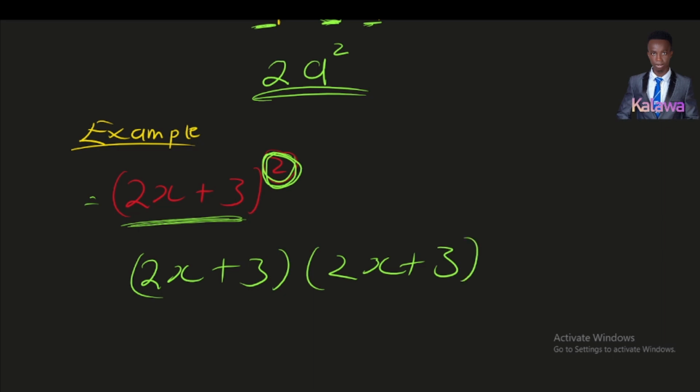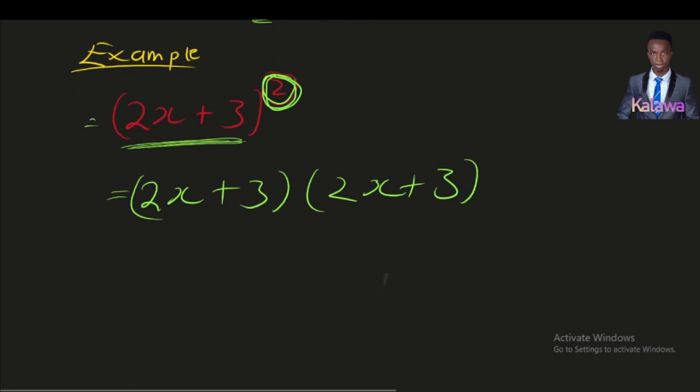So 2x plus 3 square, this is the simplest form. It means we now have the same set, but it's being multiplied 2 times. So 2x plus 3 into 2x plus 3 is the same as 2x plus 3 to the power 2. Note that it's always the same.